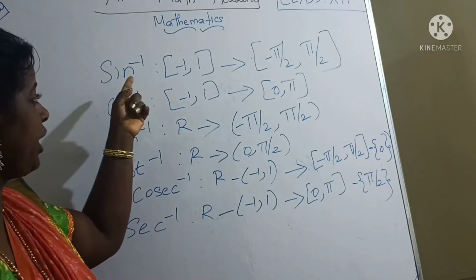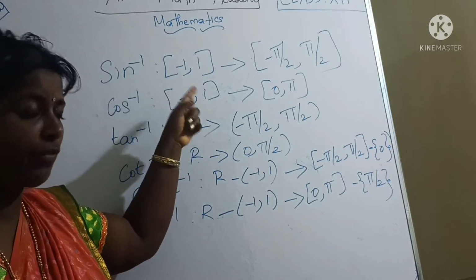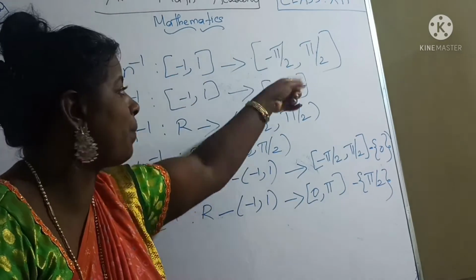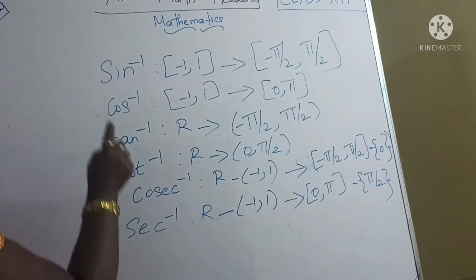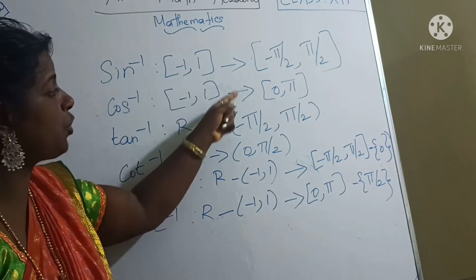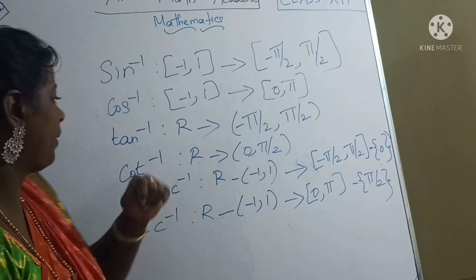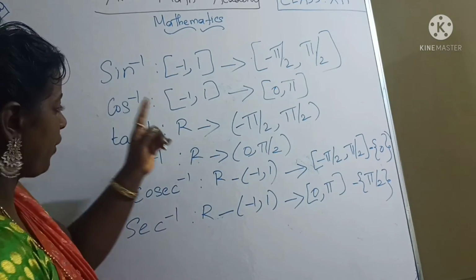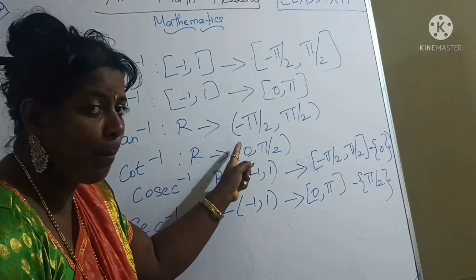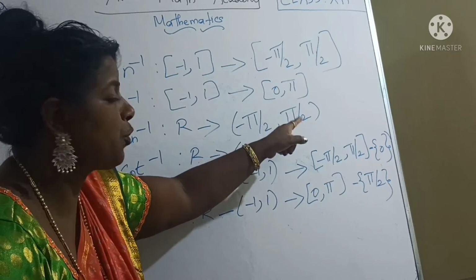So sine inverse is from the closed interval minus 1 to 1 to the closed interval minus pi by 2 to pi by 2. Next, cos inverse: closed interval minus 1 to 1 to the closed interval 0 to pi. Next, tan inverse is from R to the open interval minus pi by 2 to pi by 2.